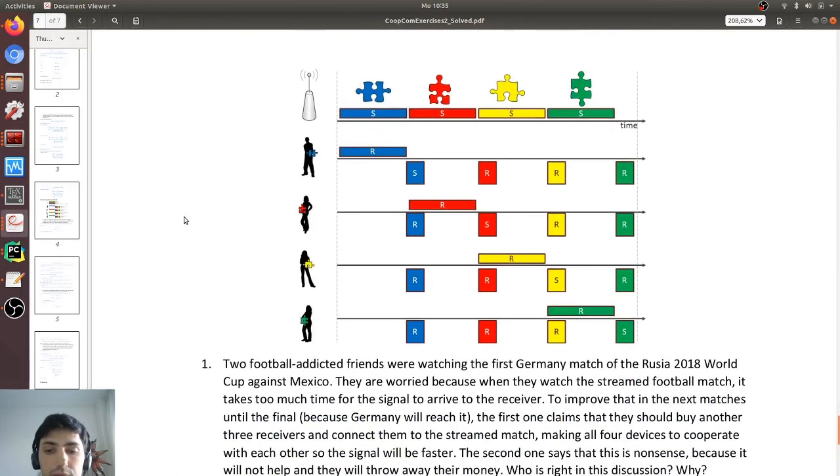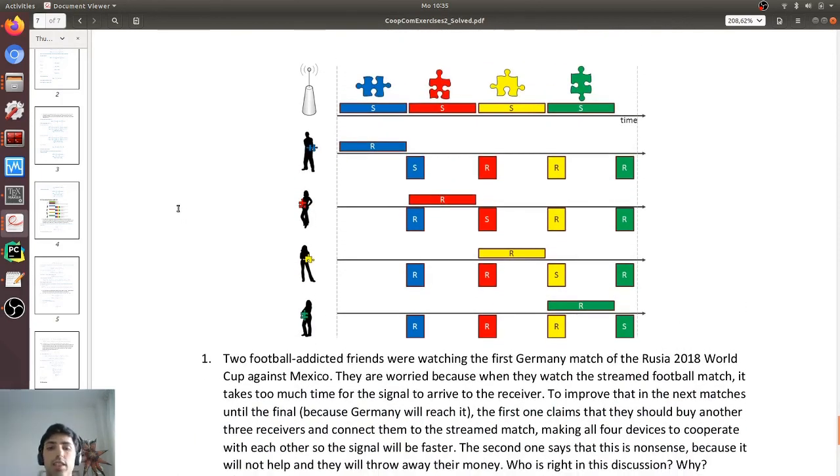So here, 2 football-addicted friends were watching the first Germany match of the Russia 2018 World Cup against Mexico. They are worried because they watched the streamed football match and it takes too much time for the signal to arrive at the receiver. They wanted to see it earlier.